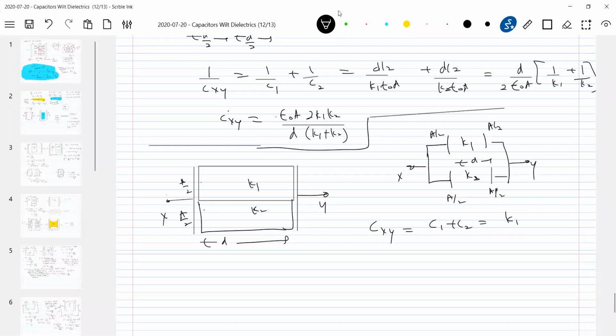So K1 epsilon naught A by 2d plus K2 epsilon naught A by 2d. So effective capacitance should be equal to (K1 plus K2) by 2, times epsilon naught A by d. If I want to replace this with an equivalent dielectric slab, the dielectric constant of that slab should be K1 plus K2 by 2.